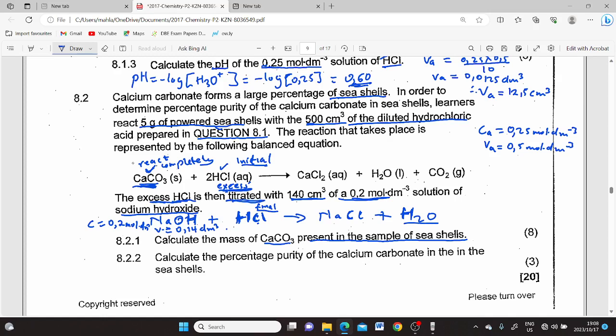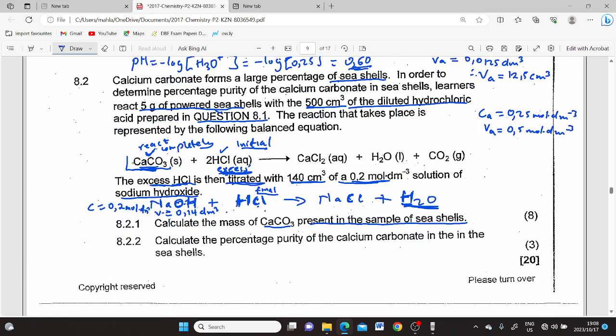Once it's titrated, since we have a strong acid and a strong base, they will produce a neutral solution, meaning all of them have reacted completely. So we'll get what was in the final, and from the reacted part we'll get the mass.